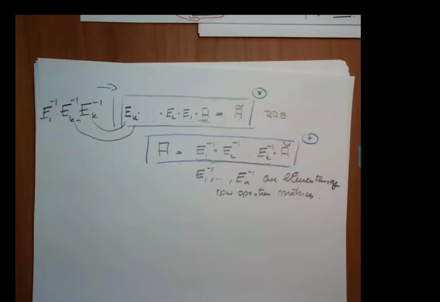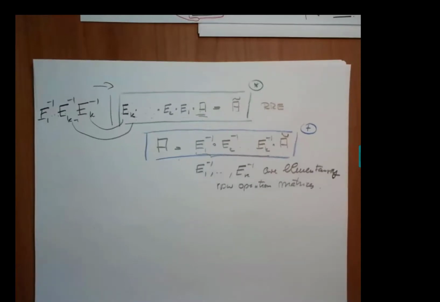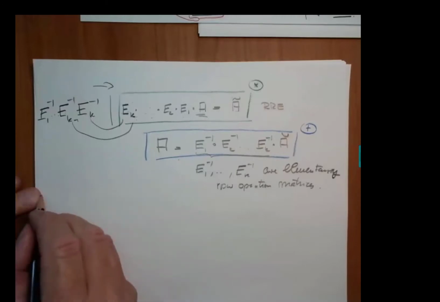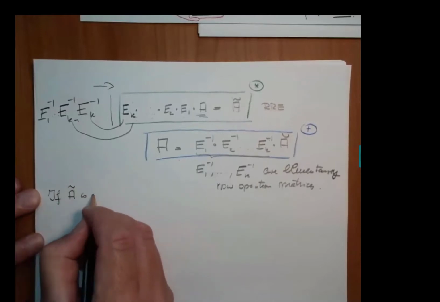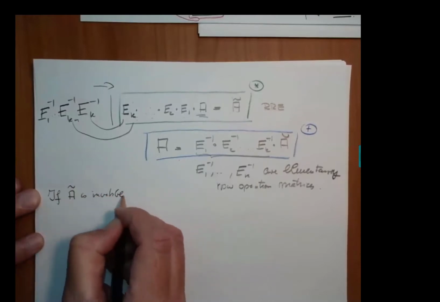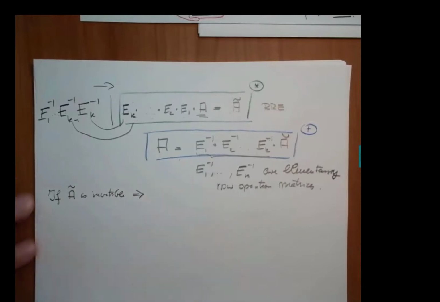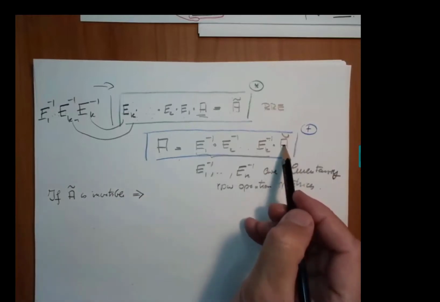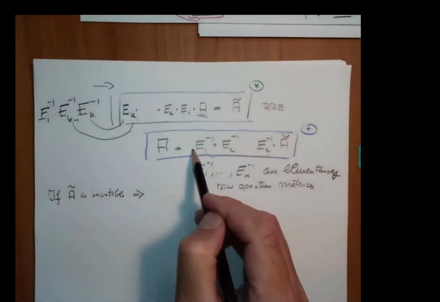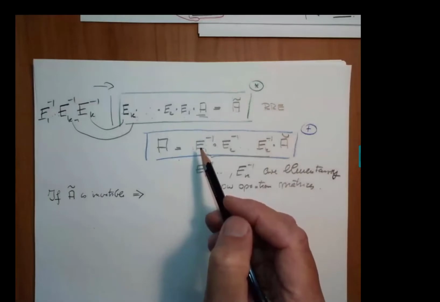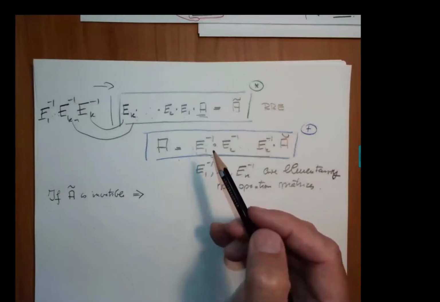So now suddenly everything we learned comes together. What can we say if A tilde is invertible? If A tilde is invertible and I multiply by invertible matrices, what did we learn yesterday? Whenever you have two invertible matrices and you multiply them, the result is invertible.